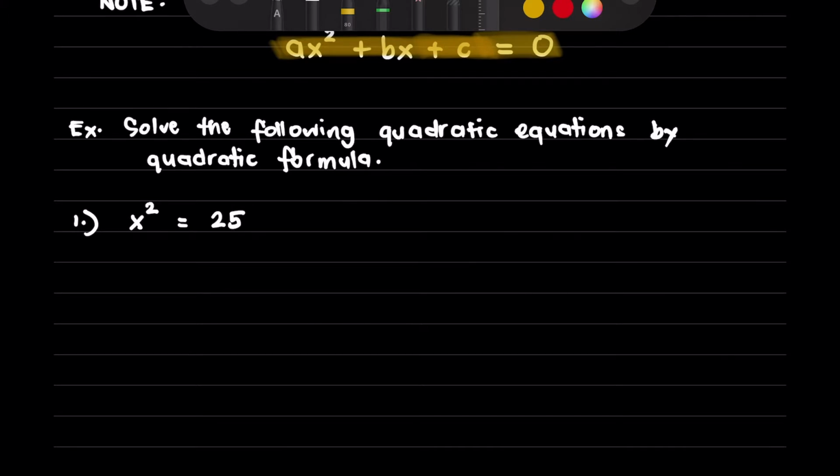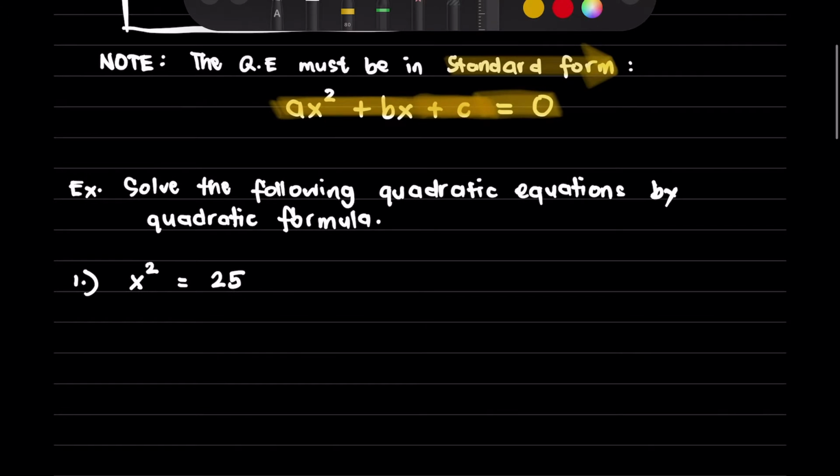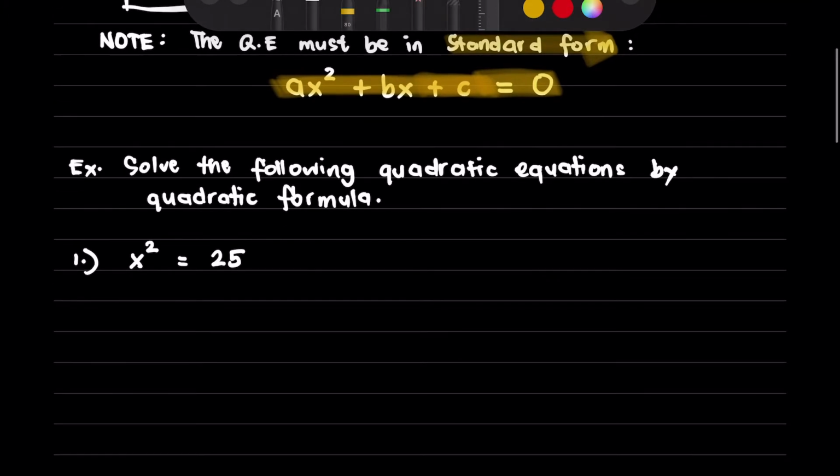Sa number 1, di ba sabi natin, take note, dapat ang ating quadratic equation must be in standard form. This example is not in standard form, so kailangan natin gawin yan in standard form. So we have x squared.